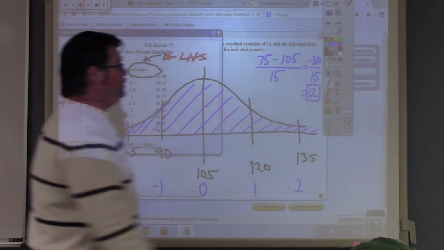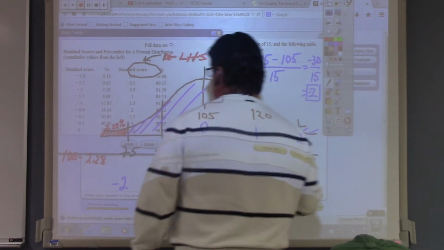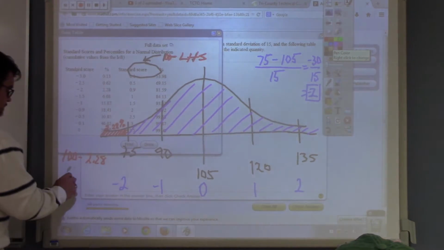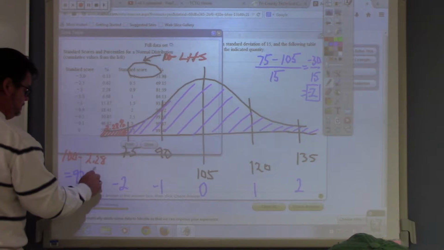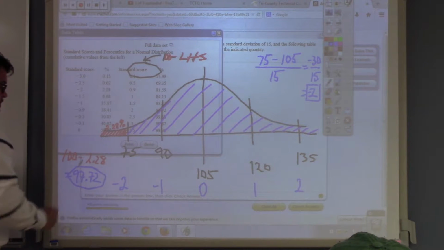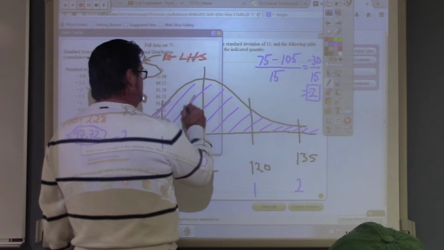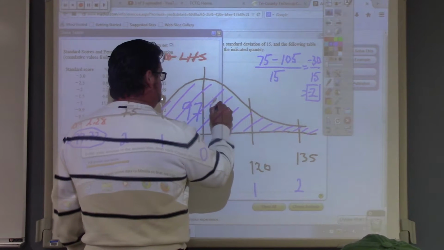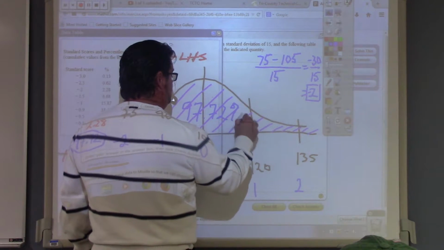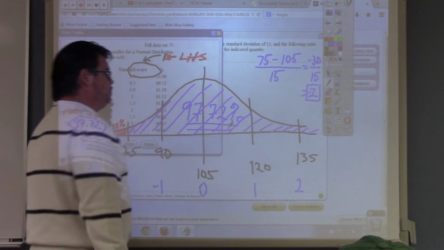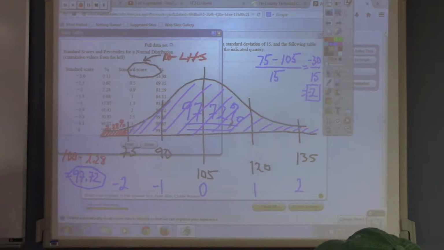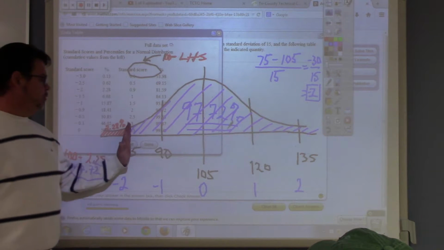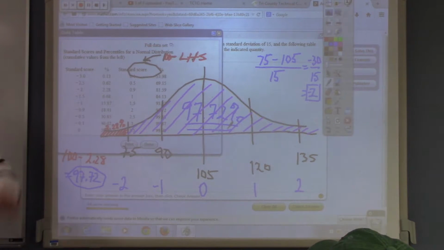Then that would be blue. So 97.72% is your answer. In other words, 98% of this population has a score above 75.